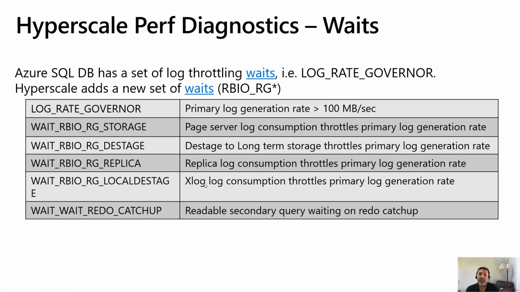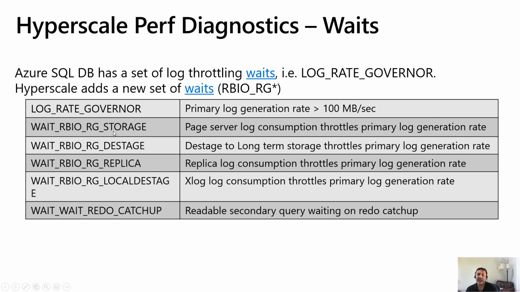So what are the waits that you see on compute? You see a couple of waits on compute. You see the log rate governor wait. You see wait for RBIO storage. There is a set of RBIO waits, and they effectively just show what component is throttling the log generation rate on the primary.